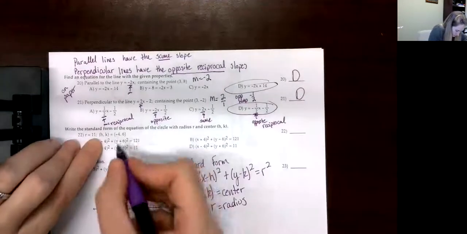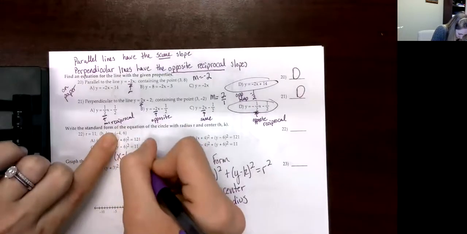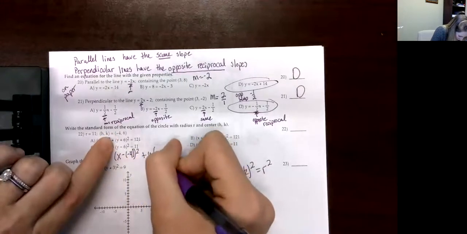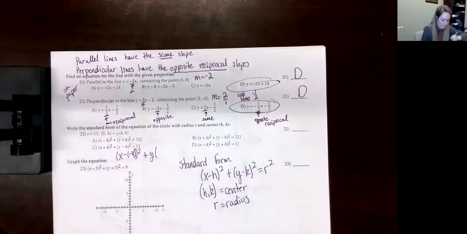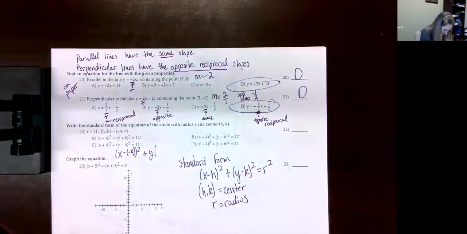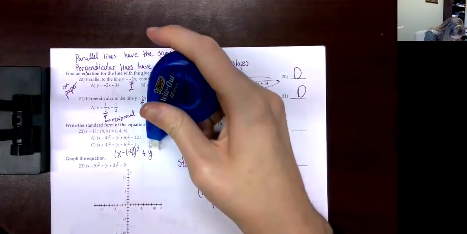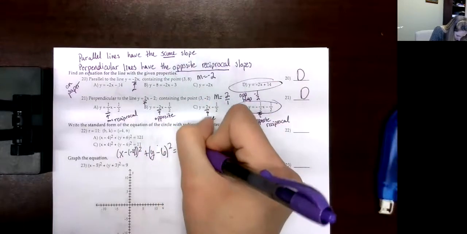So right here, we're going to have x, and since it's subtract, it'd be subtract -4 squared plus y. Why did I do it like that? Oh, that bothers me so much. So you don't go there. Y subtract 6 squared equals 11 squared.